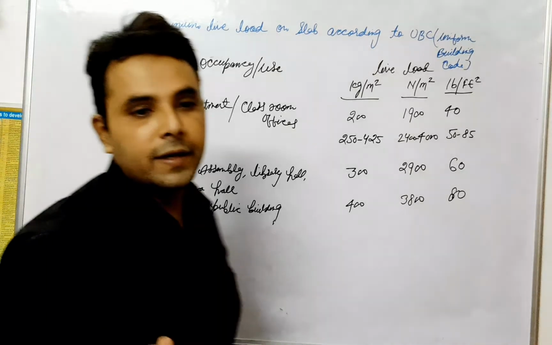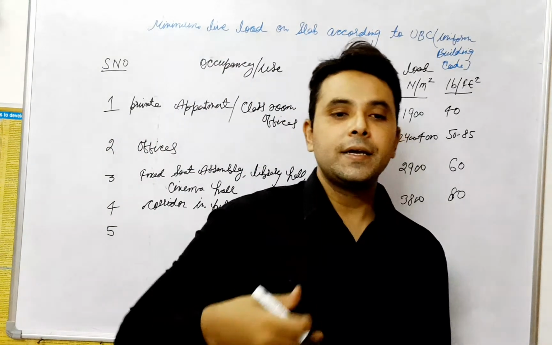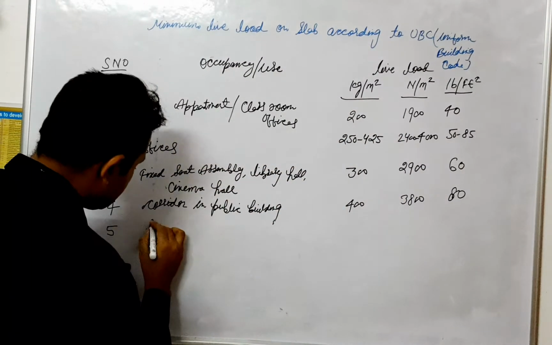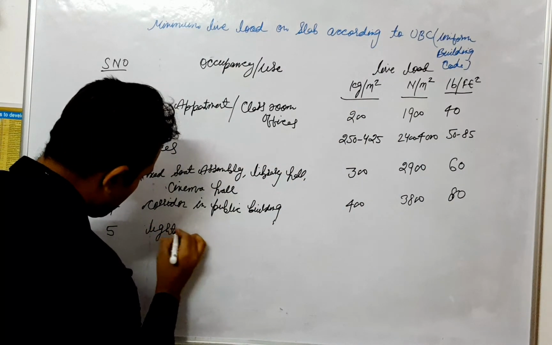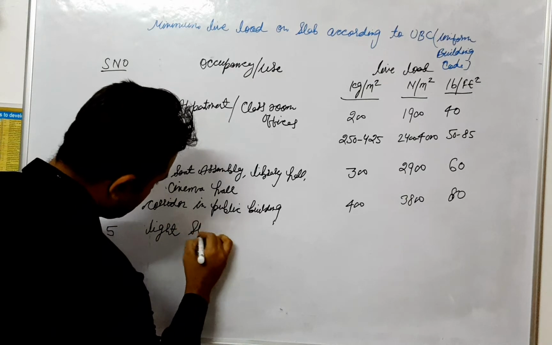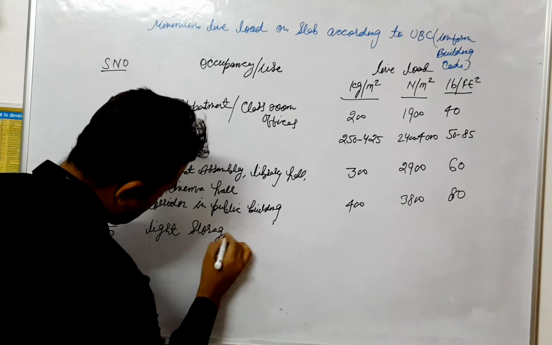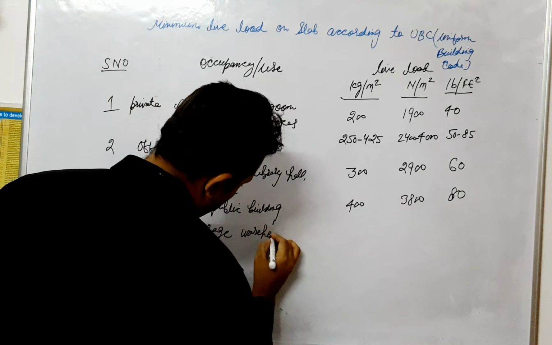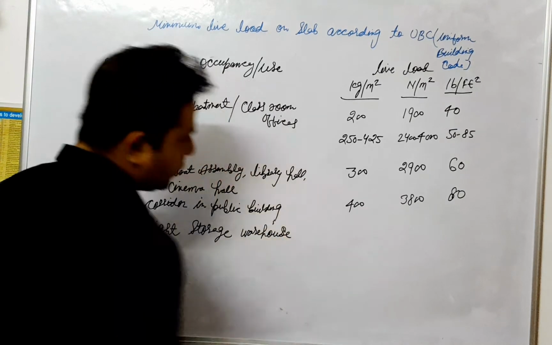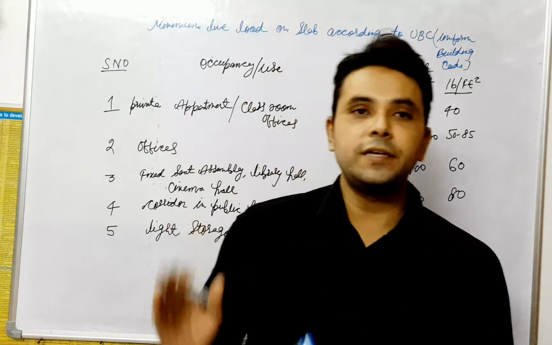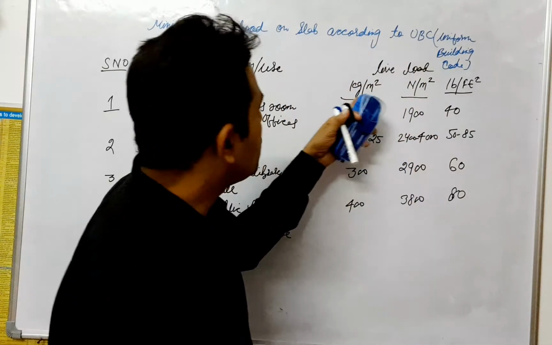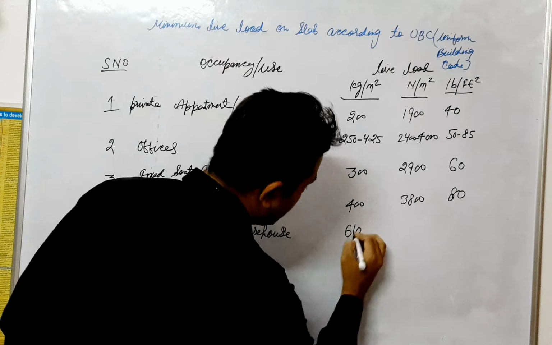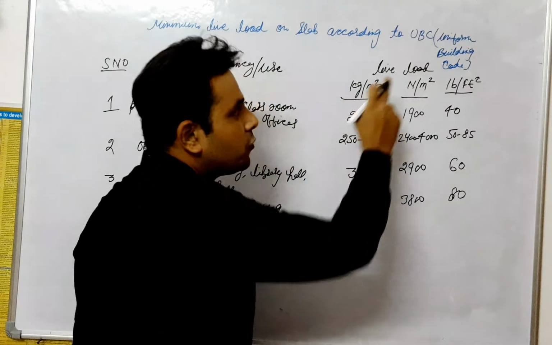Fifth one is, suppose you are going to design any light storage warehouse. In that case, the value is 610 kilogram per meter square for live load.